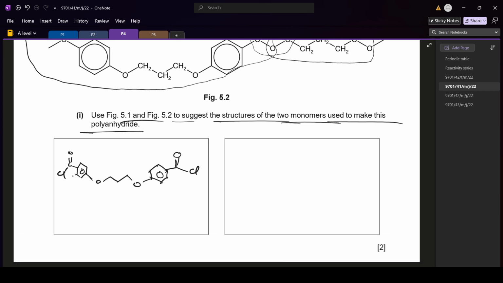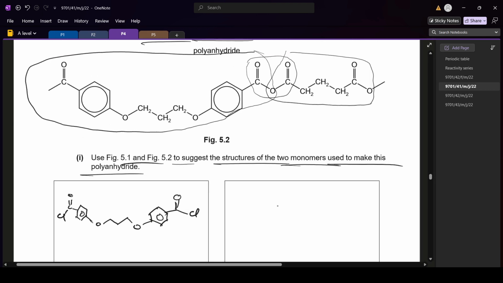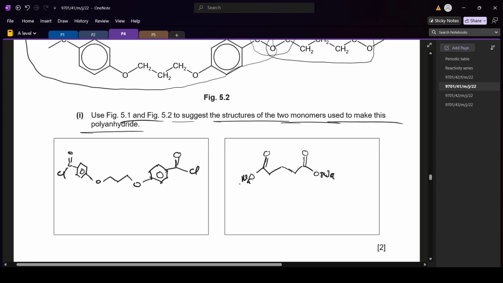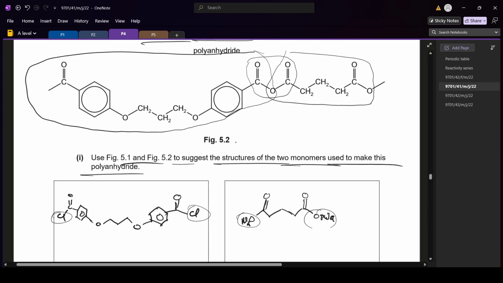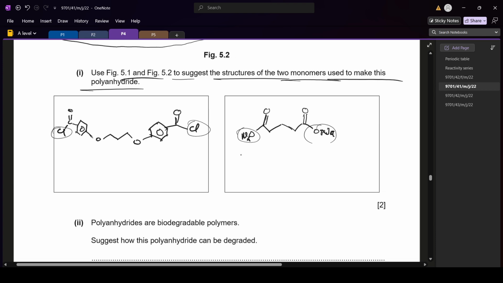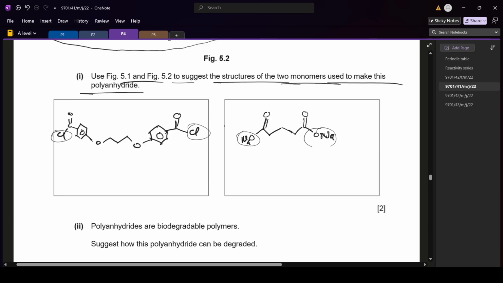Okay, and then we have a second monomer, this monomer. Okay, and you can switch these groups between these monomers. Okay, it does not matter. So both are possibilities. Okay, so these are your monomers.